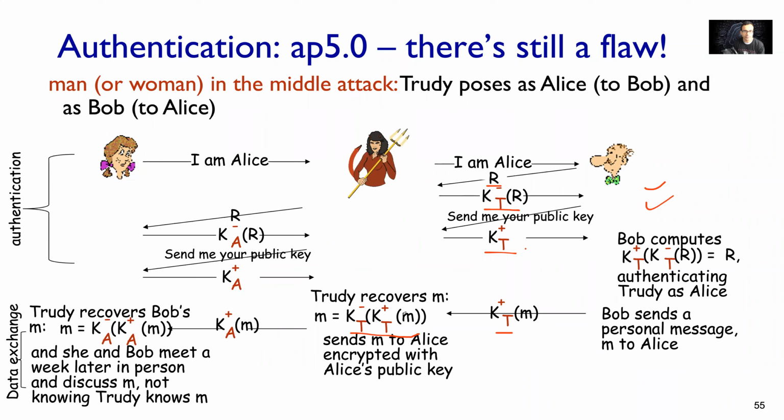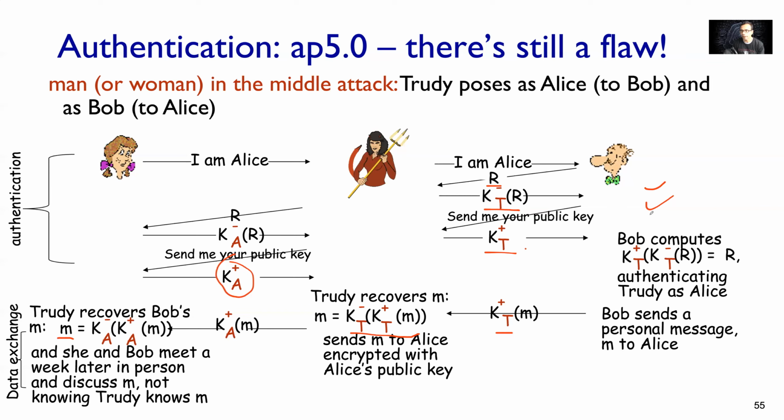When she's sending the message to Alice, she can actually make use of Alice's public key. So Alice is also fooled into thinking, yes, I'm getting an encrypted version of this message, and she thinks, okay, this is coming from Bob. Then she decrypts it and gets the original message. So in fact, Alice has received the original message.